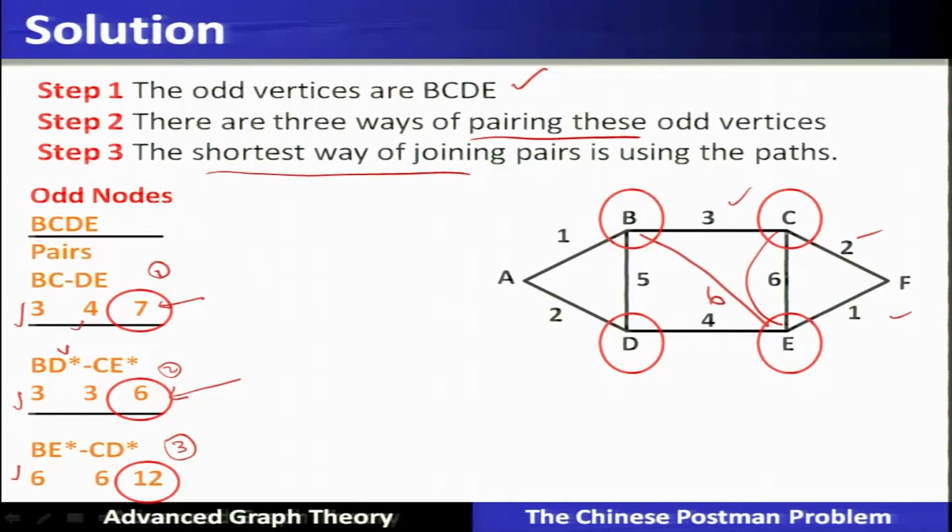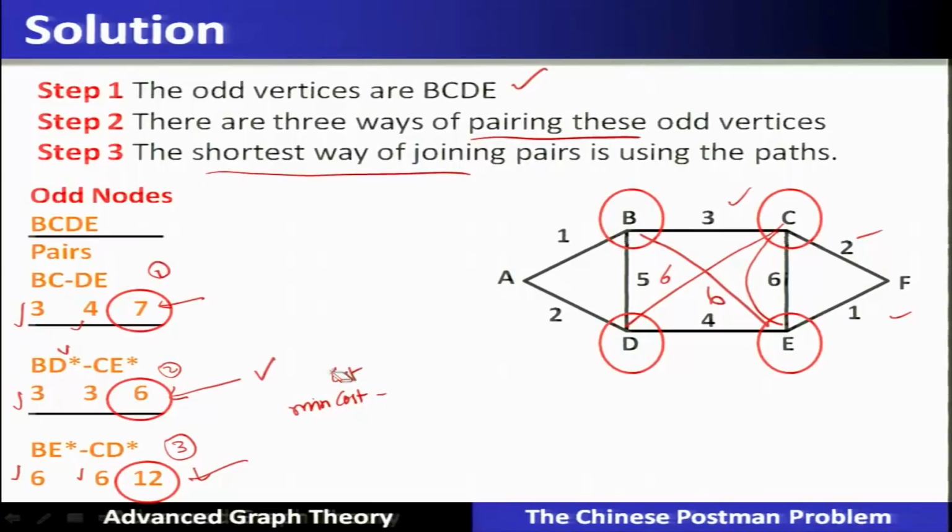Similarly, for CD, there is no direct connection, but if you come via B, A, D, that incurs a cost of 6. So the total cost here is 6 plus 6, that becomes 12. Out of these 3 combinations, we see that this has the lowest or minimum cost to convert this graph into an Eulerian graph.